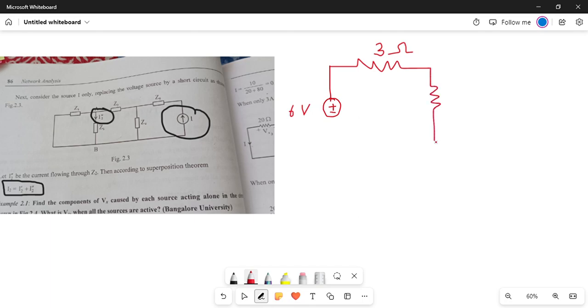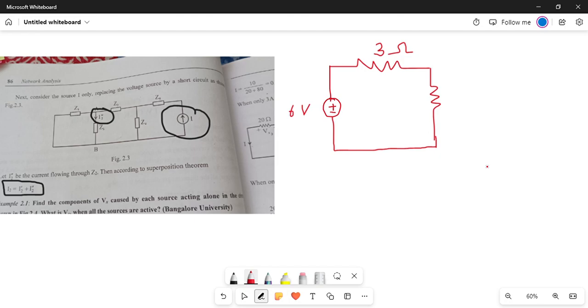So what you need to remember simply is the algebraic sum: the current through or voltage across any element is equal to the algebraic sum of the individual currents or voltages flowing across that element. What does the algebraic sum get caused by?